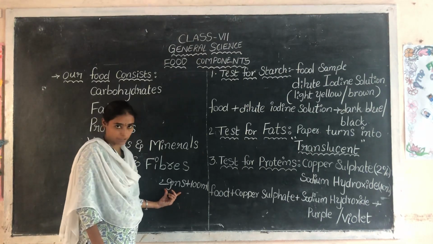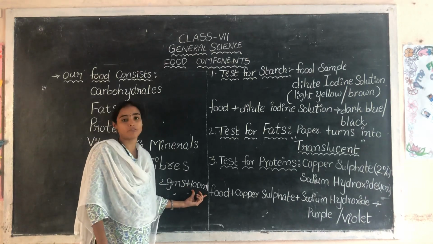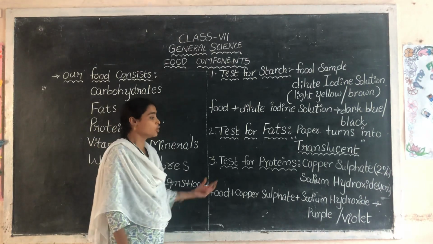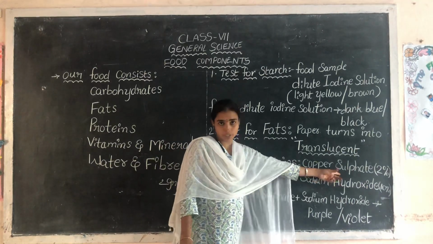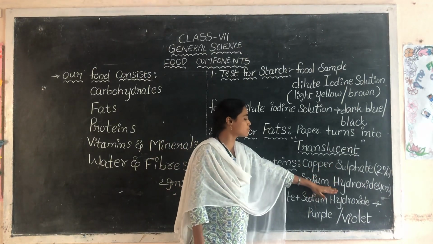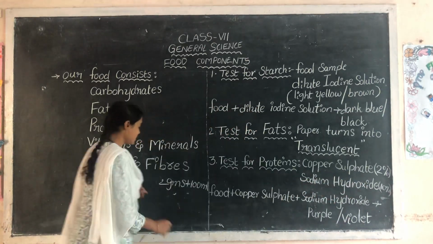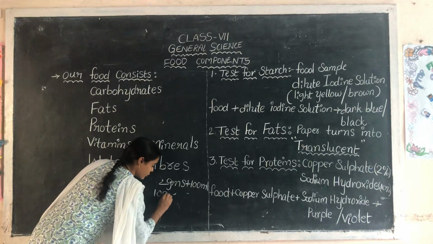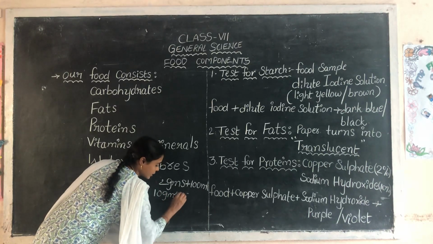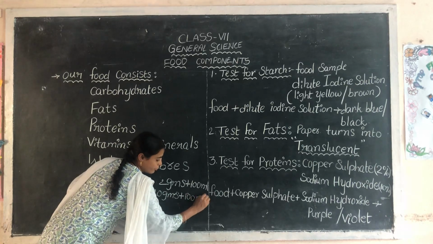Take 2 grams of copper sulfate, add it into the 100 ml of water. We get 2% of copper sulfate. Right? Now we prepare sodium hydroxide 10%. How to prepare? First, take 10 grams of sodium hydroxide and add 100 ml of water.